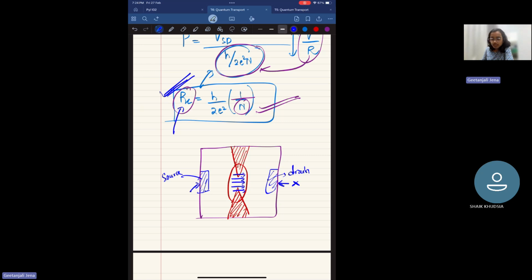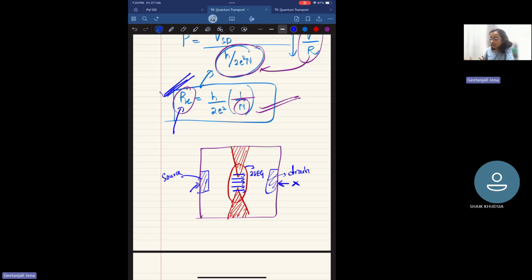But once this 1D channel leaves this contact region, the modes enter the bulk part, which is the 2D electron gas. This will have allowed levels, right? The bulk 2D part supports many modes which are not supported by the 1D channel.